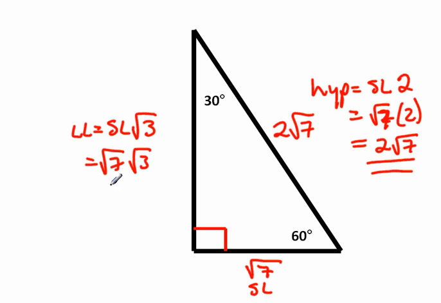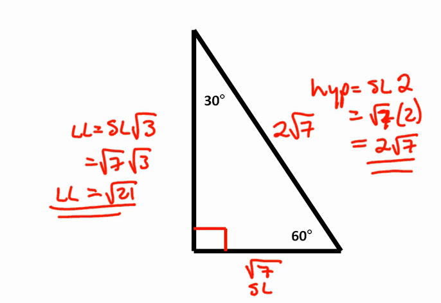So now we're multiplying two numbers that are radicals, so we can multiply what's inside. So 7 times 3 is the square root of 21, and that's what our long leg equals. From our practice in class, if we could simplify the square root of 21, we would, but in this case we can't. So our long leg is just the square root of 21.